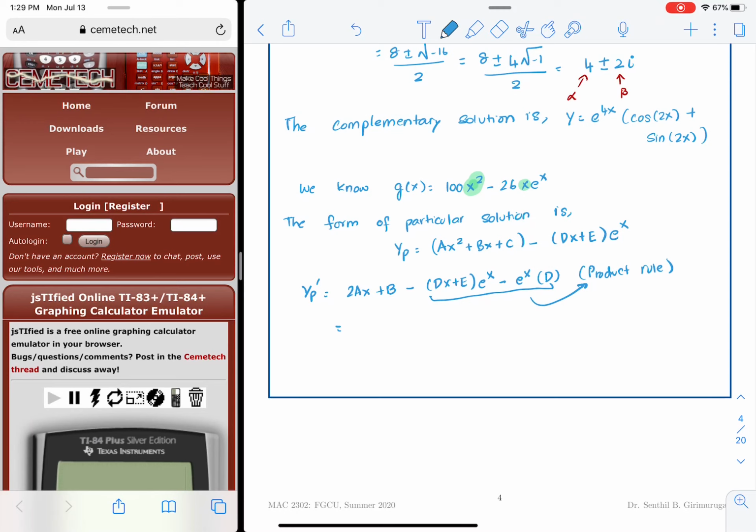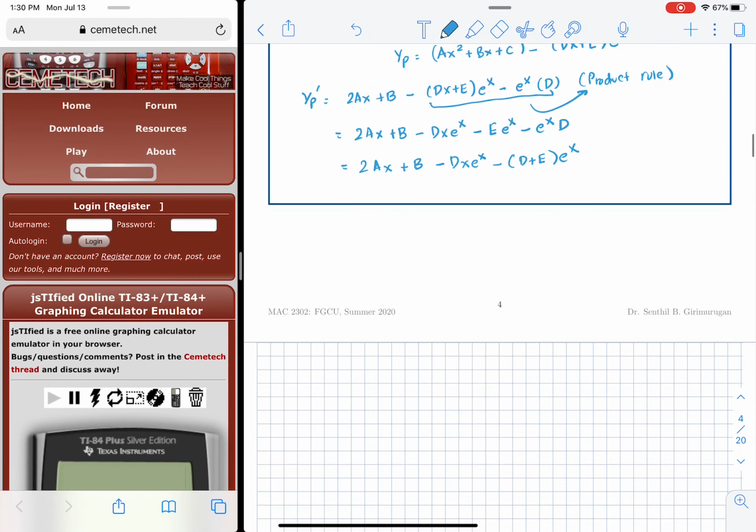I guess I'd go ahead and simplify this. 2ax plus b minus dx e raised x minus e times e raised x minus e raised x times d. 2ax plus b minus dx e raised x minus d plus e raised x.